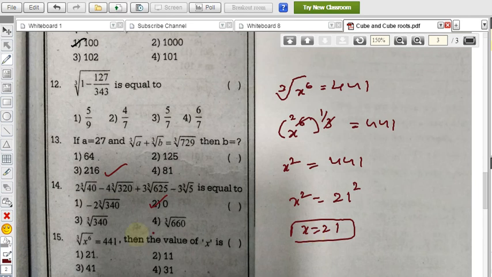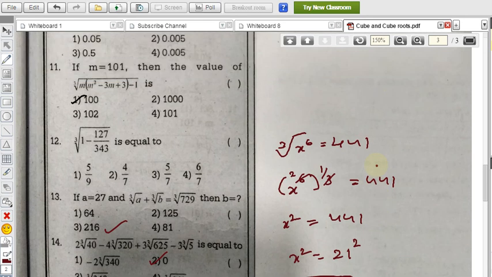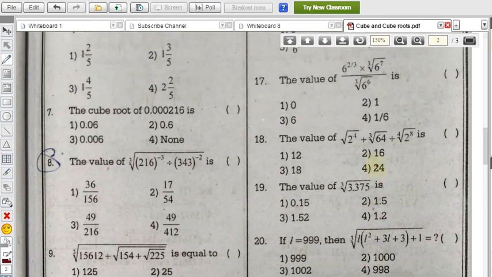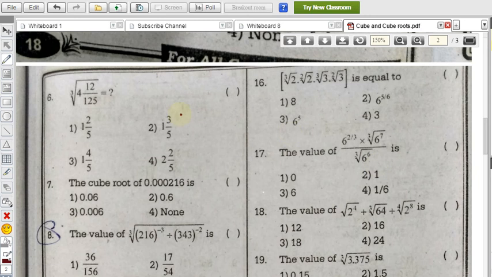Okay, so some more here. The 16th one: cube root of 2 into square root of 2 into cube root of 3 into square root of 3. Whenever the bases are same, powers you can add.